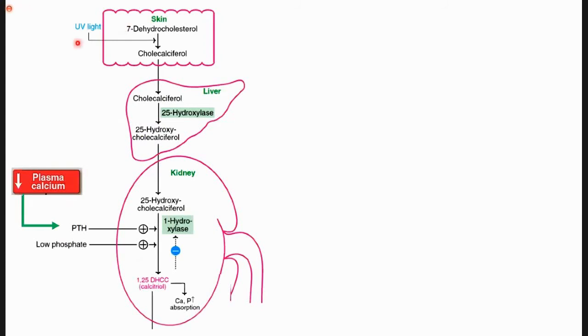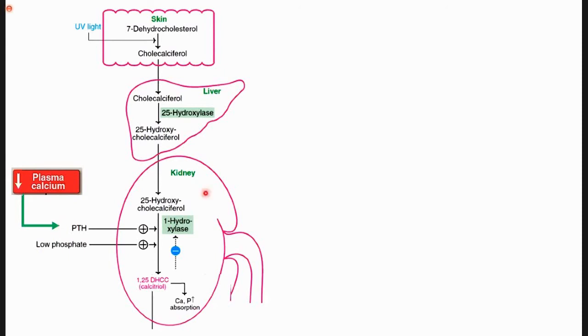the cholecalciferol is formed through UV light, and then cholecalciferol is converted into 25 hydroxy cholecalciferol by the 25 hydroxylase enzyme in the liver, and then this goes into the kidneys, where an important enzyme, 1-alpha hydroxylase, is activated by the parathyroid hormone and low phosphate concentrations.